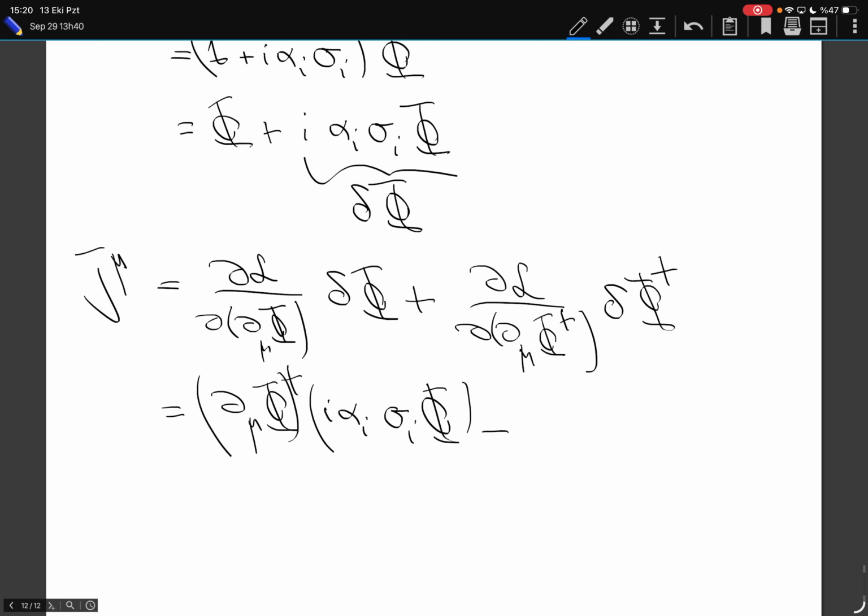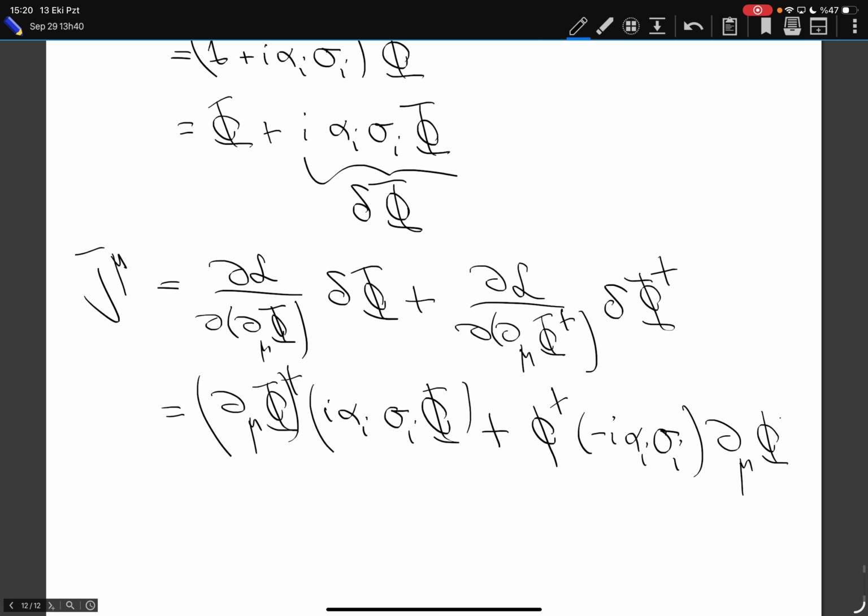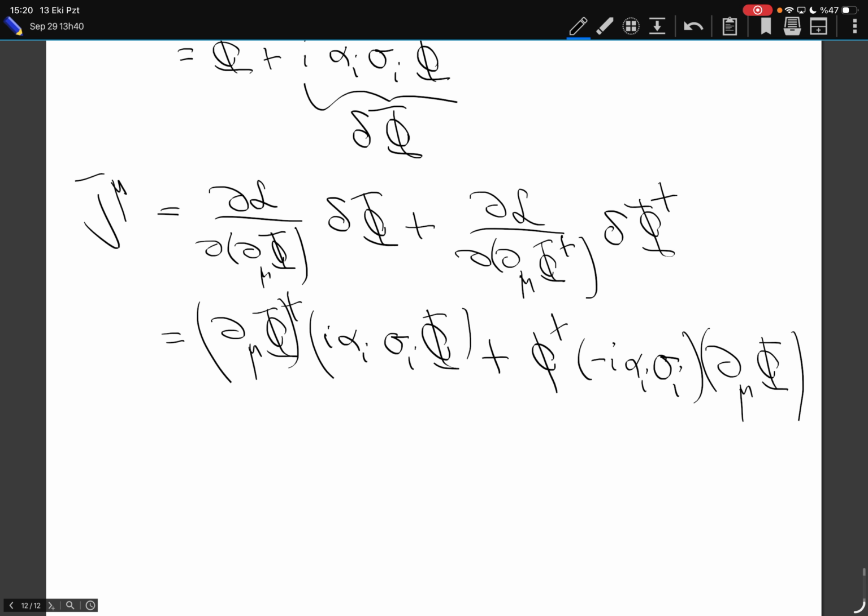Then plus phi dagger minus i alpha i sigma i. Sigma i's are Hermitian. That's why I don't have the dagger over there. And then del mu phi. This is my current.